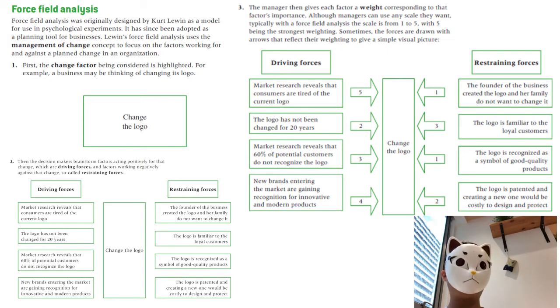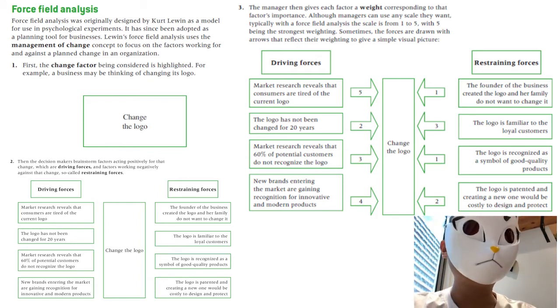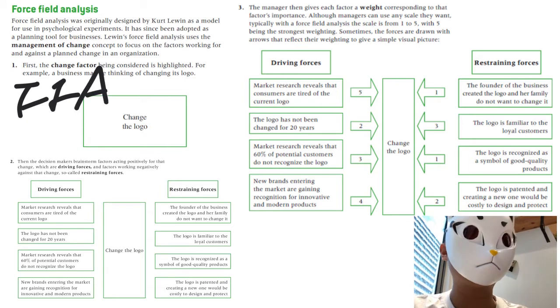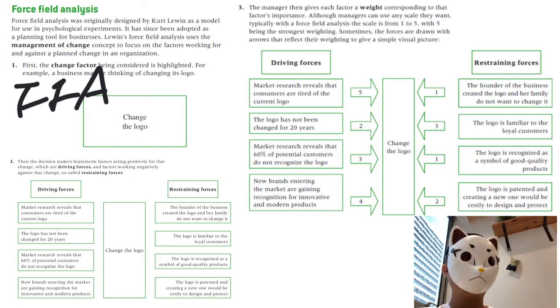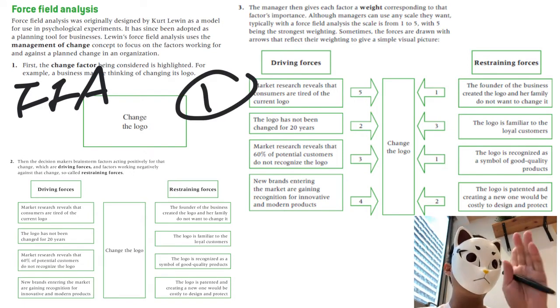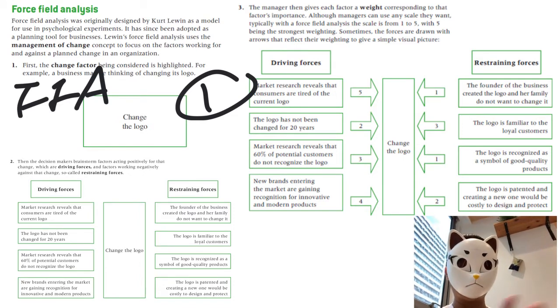The last theory is the FFA, that is force field analysis. There are a total of 3 steps to do it. Candidates often omit the last step. Step number 1, you have to highlight only one change factor, like altering the company logo.